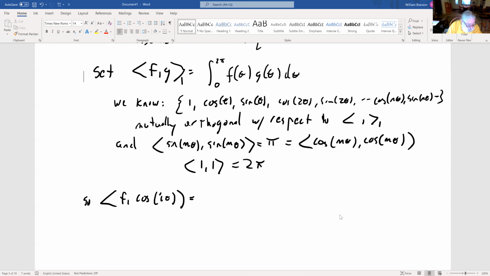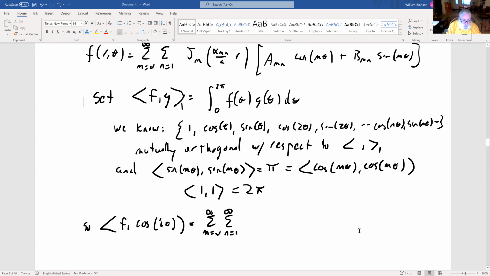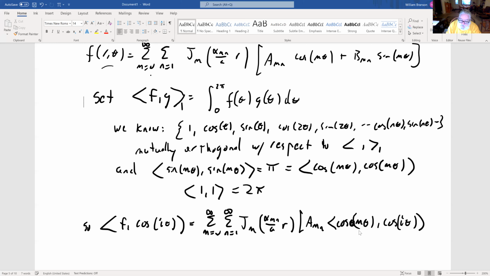That becomes the double sum m equals 0 to infinity, sum n equals 1 to infinity of that whole thing, because f is this whole thing, J_m alpha_mn over a r times A_mn, inner product of cosine m theta with cosine I theta. And then we can put a bracket around that.